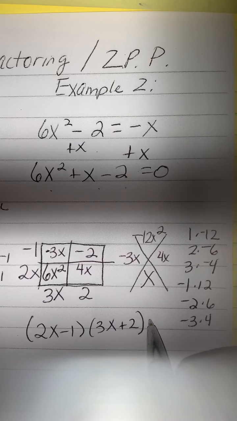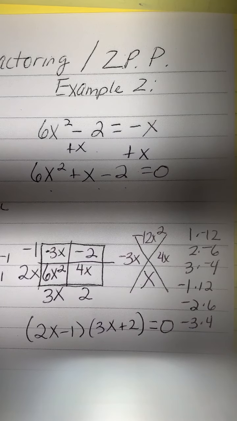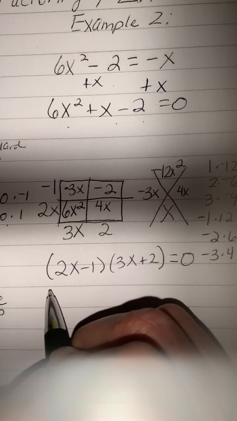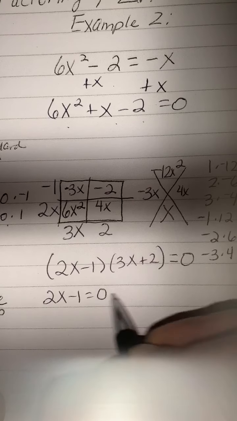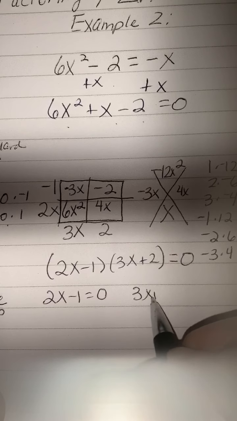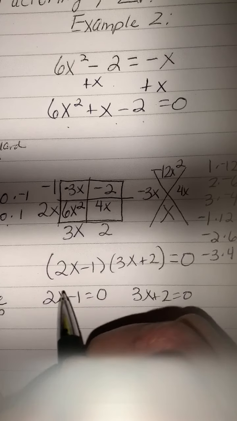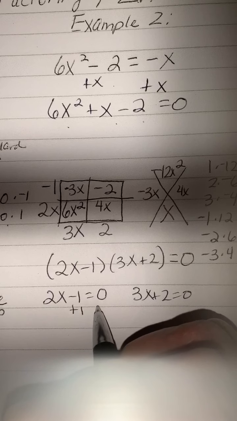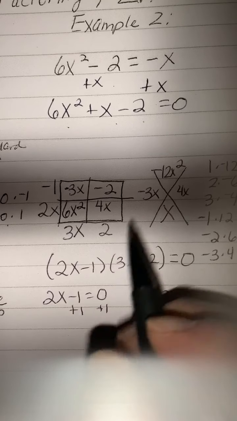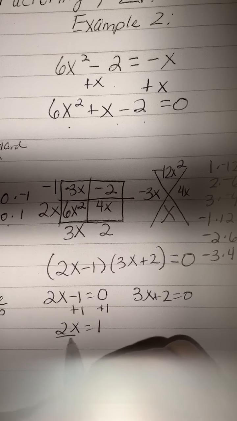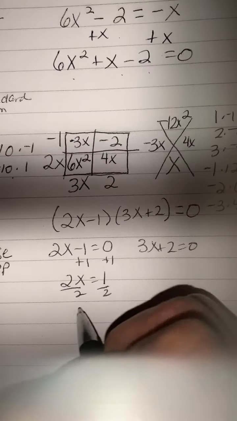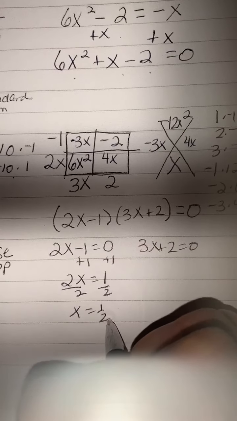And don't forget what it equals. It equals 0. So now we can use the ZPP, the zero product property. Set this one equal to 0 and this one equal to 0. And then we can solve. We will add 1 and 2x equals 1, divide by 2, and x equals 1/2.